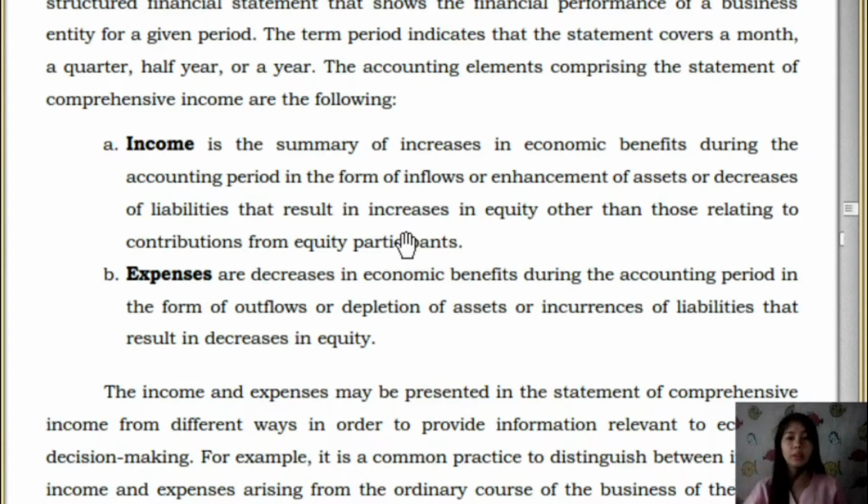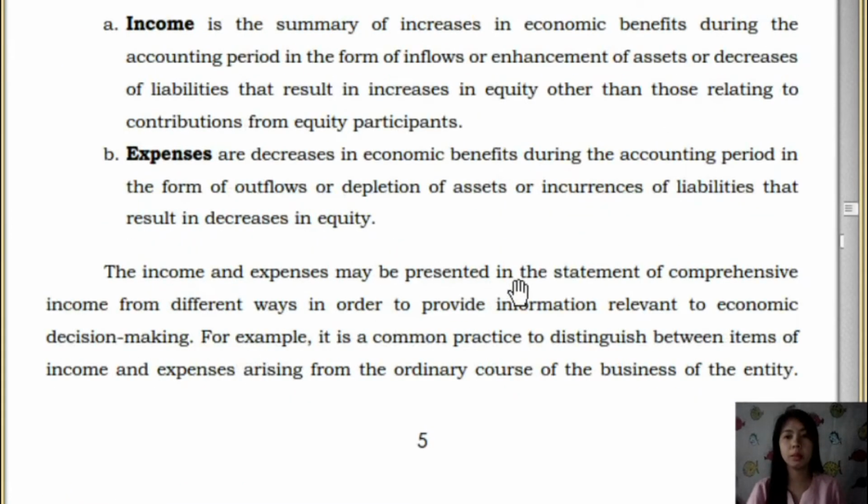Then you have expenses, decrease in economic benefits. So, yung nababawas naman sa atin, sa company, in the form of outflows. So, lahat ng naging outflows na na-mention ko rin kanina, or depletion of assets, incurrences of liabilities. So, nadadagdagan si liabilities, nababawasan si asset, that results in decrease in equity.